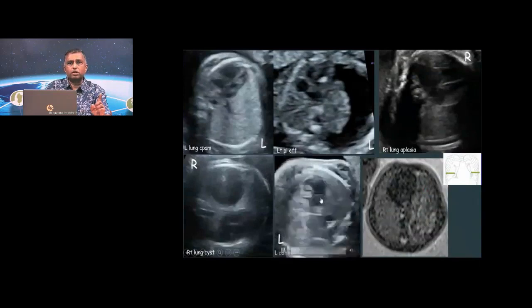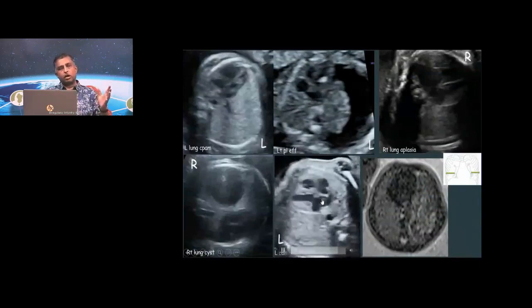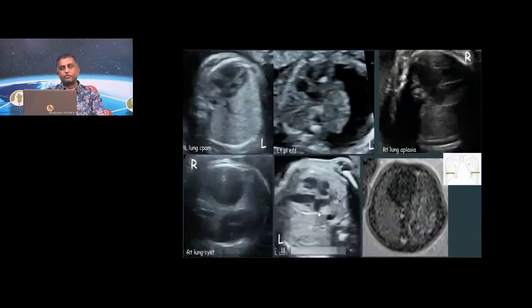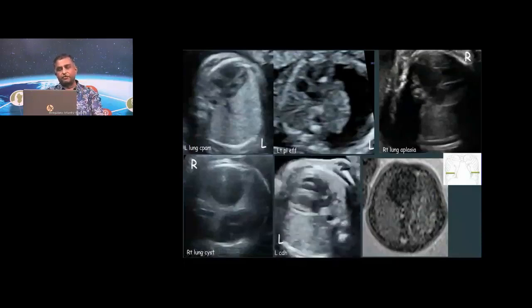Almost the whole heart is to the right side, right? If you're tired, towards the end of the day especially, you might miss this. You might say, oh, it's normal, the four-chamber view, but actually there's a mediastinal shift. And the mediastinal shift to the right is due to something happening in the thorax there.